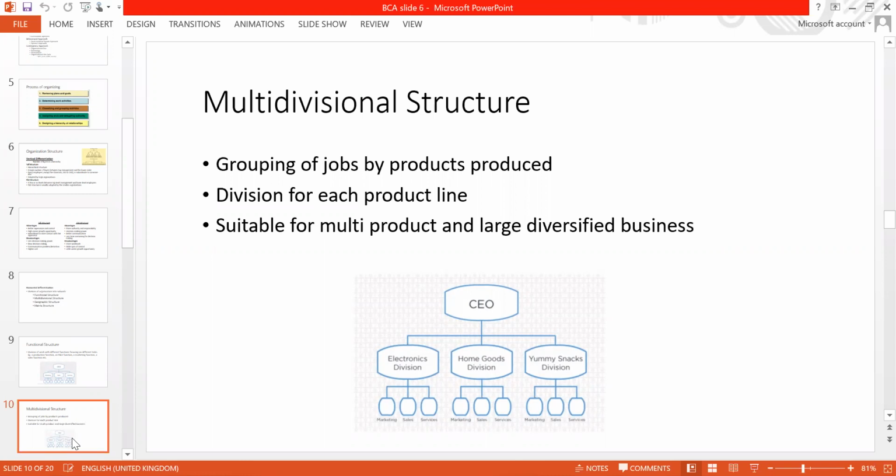Similarly, for another division, you will have different functions carrying out their special activities for that product line alone. And यसरी divide गर्यो भने we call it multi-divisional structure. So you now see the difference between functional structure and multi-divisional structure.